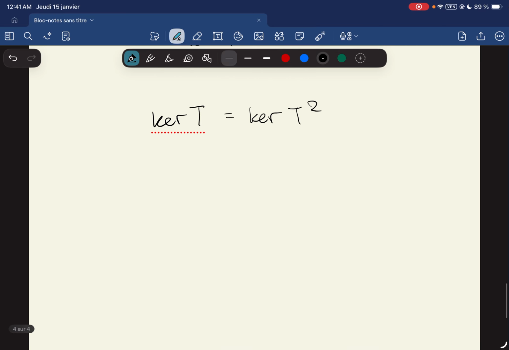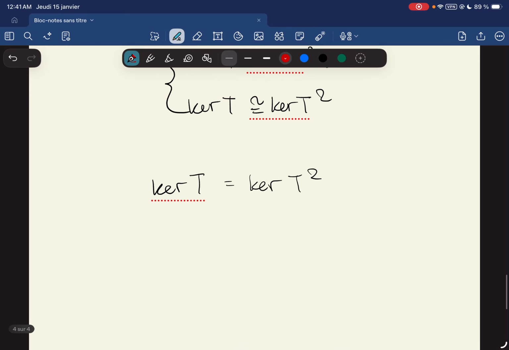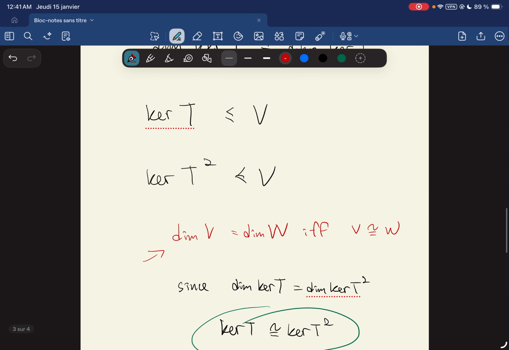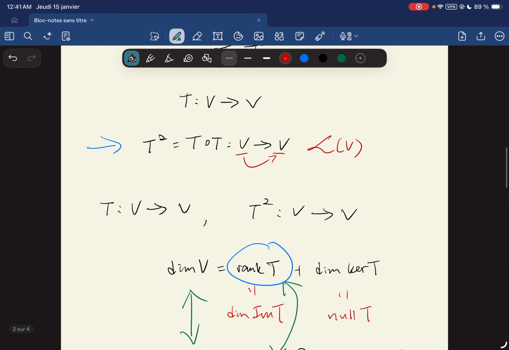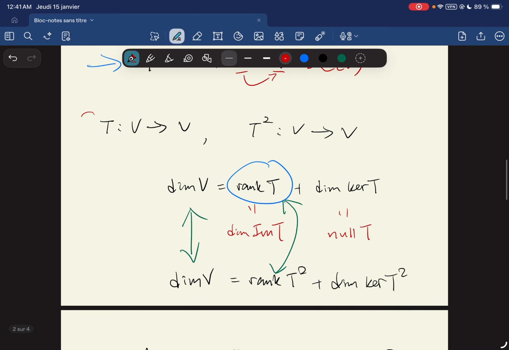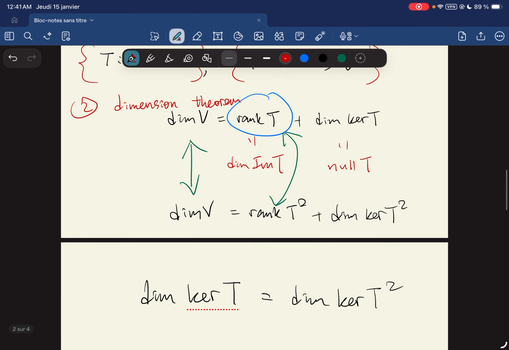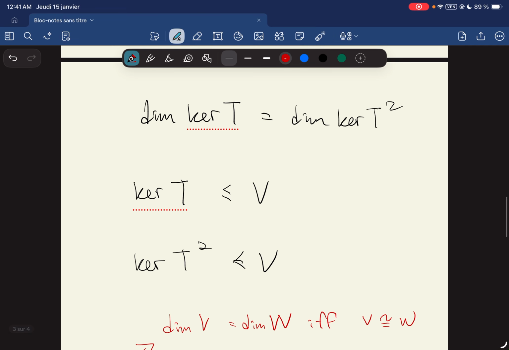Well, this is a very helpful fact, but let me reframe it again. So, how do we get to here? We start with these two linear transformations. And then, this is our first step. And then, we use the dimension theorem. And we get this result.